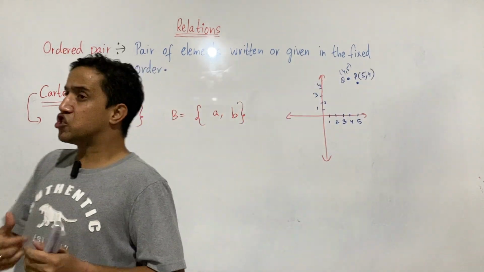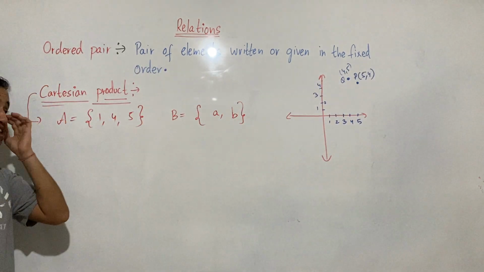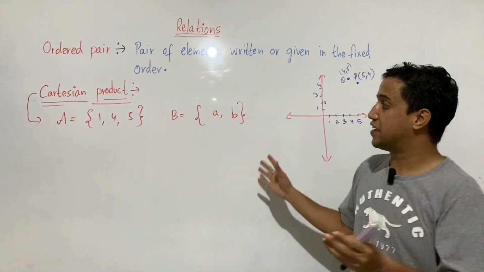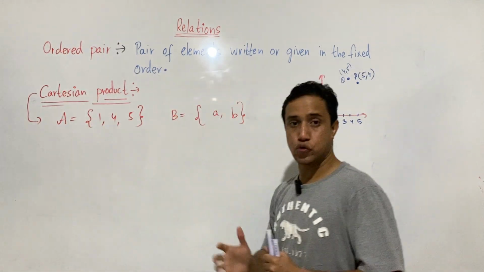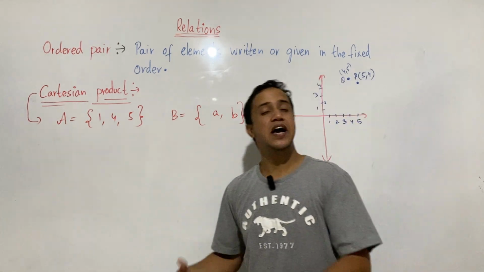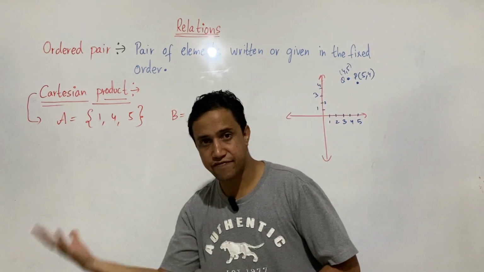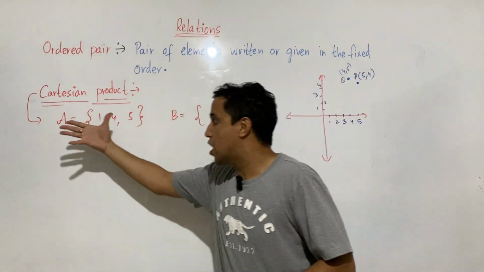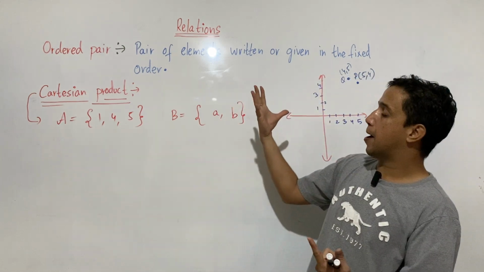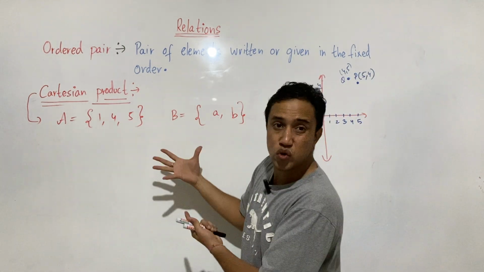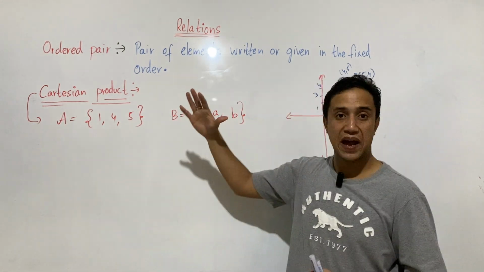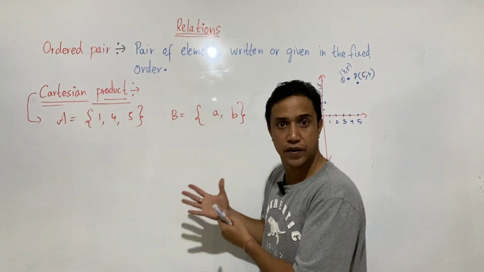Then René Descartes said that if you want to find the product of these two sets, it's possible, but we have to follow a different approach here. We cannot use the same method, we cannot employ the same strategy that we use in arithmetic.